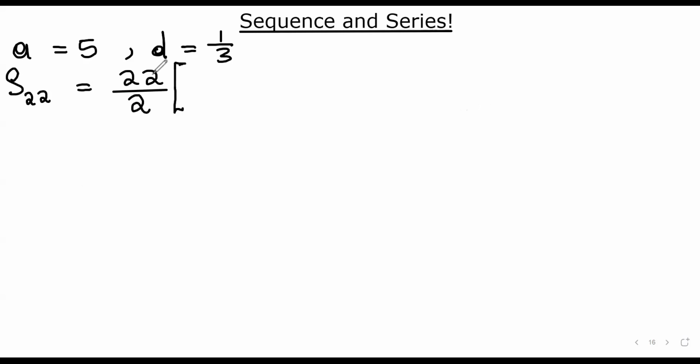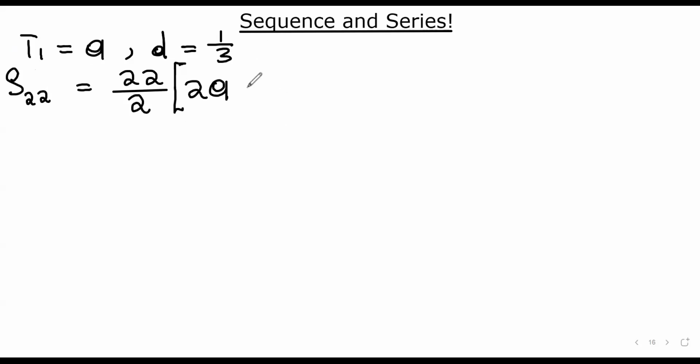There is no mark for a formula. So you have 2 into A. Why did I say A is 5? I'm not sure why I said that. But A is A. A is the first term. So maybe I can say T1 equals A. I'm sorry for saying it's 5. I don't know where it comes from.